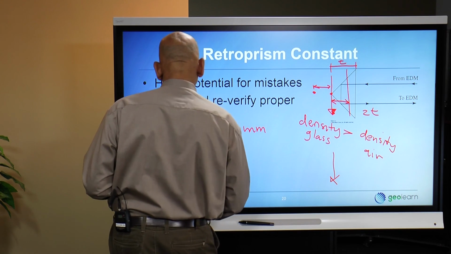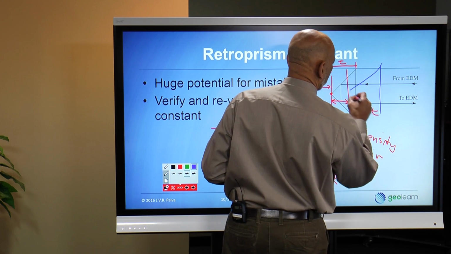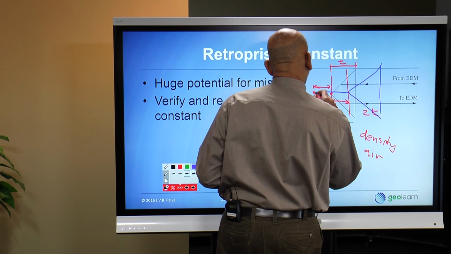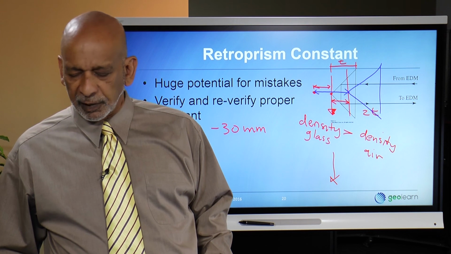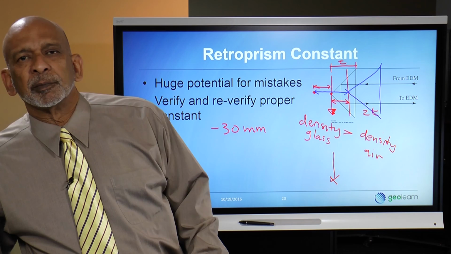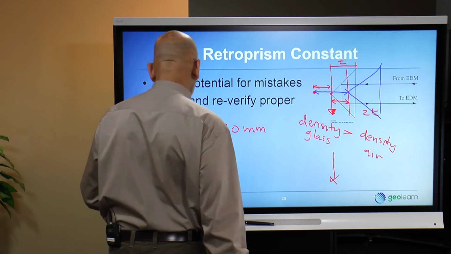In the case of a zero offset prism, what we're doing is moving the prism way out so that all the error is essentially accomplished by physically moving the prism that far forward from the plumb line to which you're measuring. And this causes some problems, and we'll talk about this in a general way in a few slides.